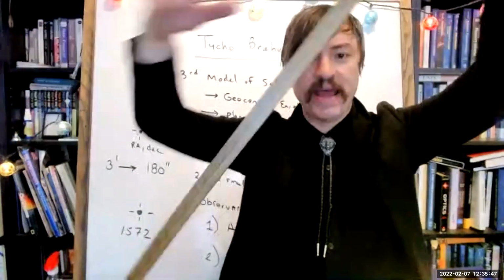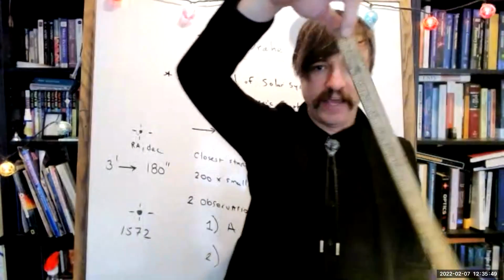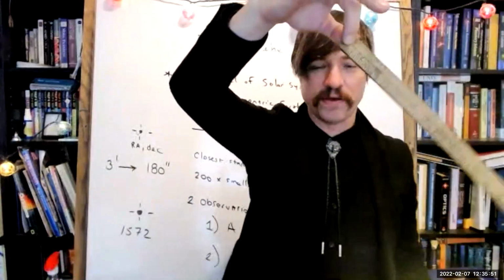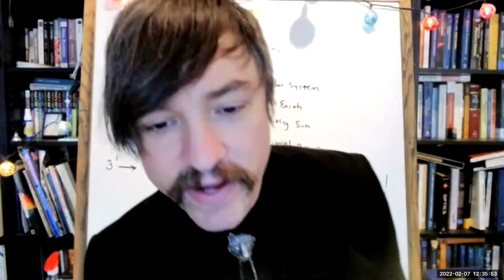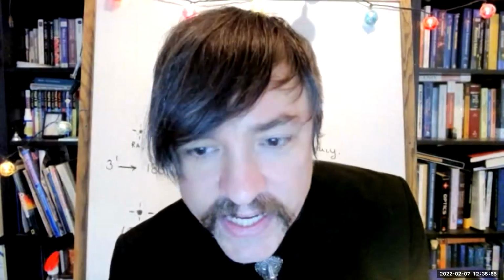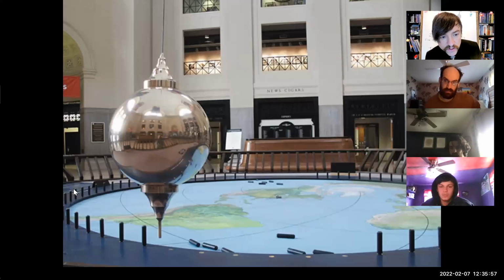And he allowed this pendulum to oscillate and swing back and forth from the top of the Arc de Triomphe. And what he did is he encircled the pendulum with all of these wooden pegs.